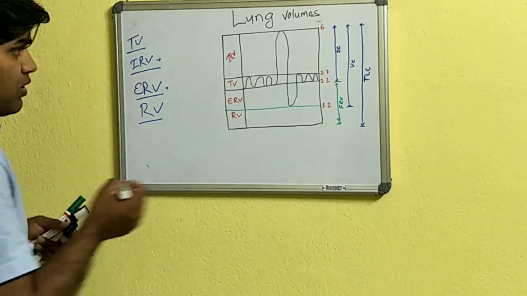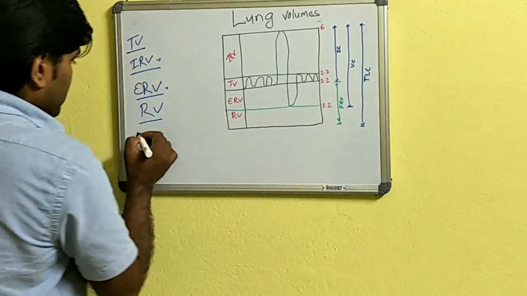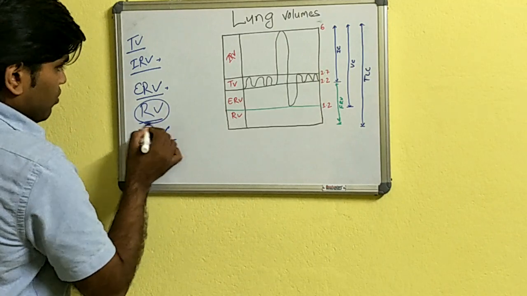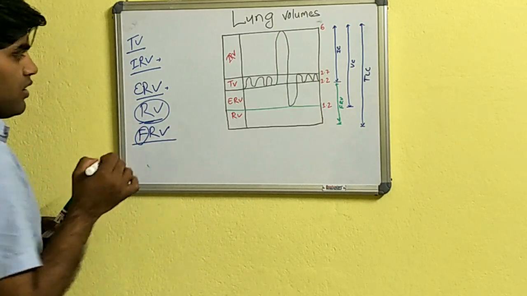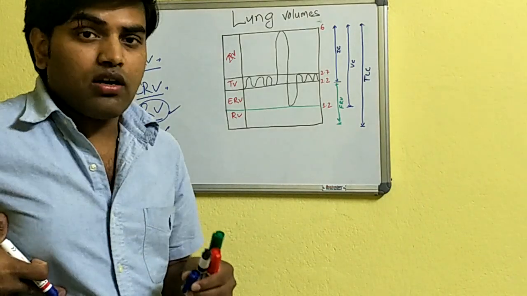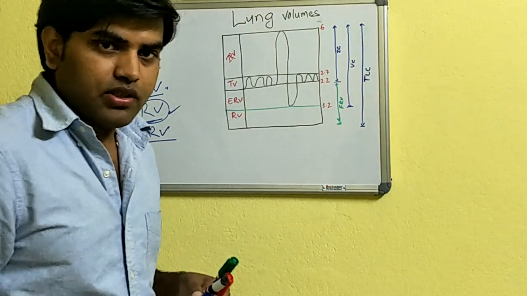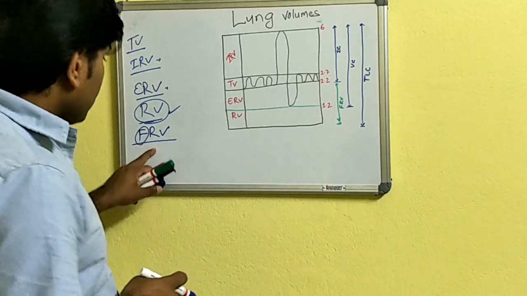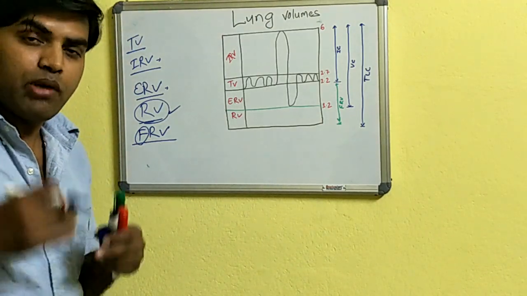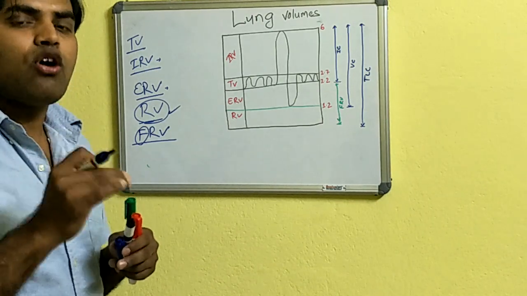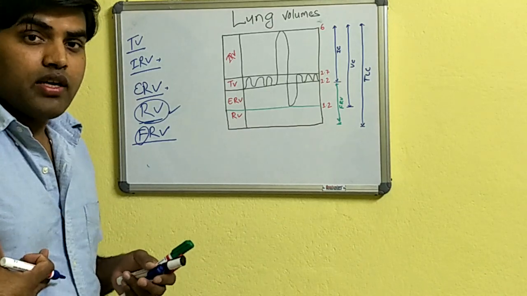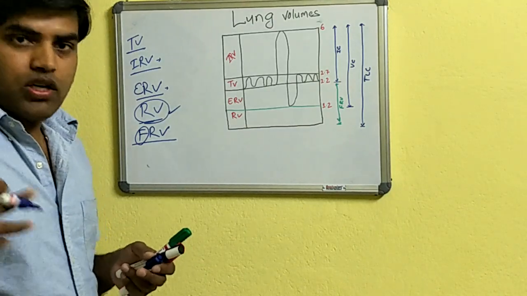There is another term called functional residual capacity. This is residual volume plus something extra. Residual volume is the air that remains in the lung even after forceful expiration. Functional residual capacity is the amount of air that remains in the lung after a normal tidal expiration. What remains?